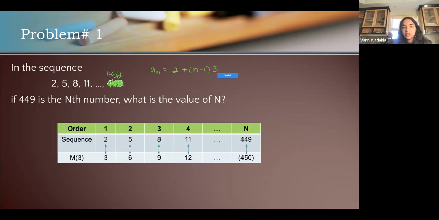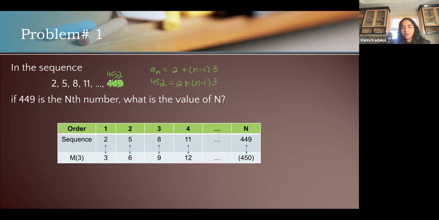Okay, now where do I put in 452? A n. Yeah. 452 equals 2 plus n minus 1 times 3, right? Okay, so now who wants to solve for n?